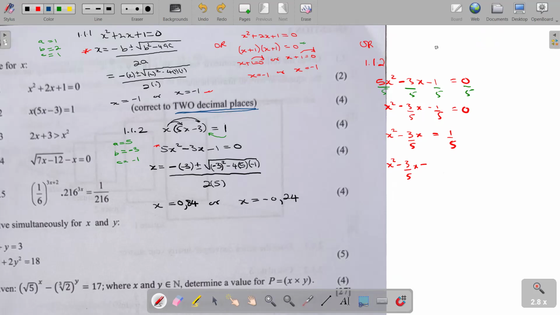We said we are going to add to both sides half the coefficient, 3 over 5, this squared.